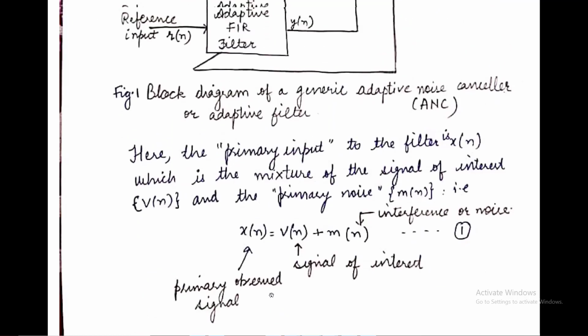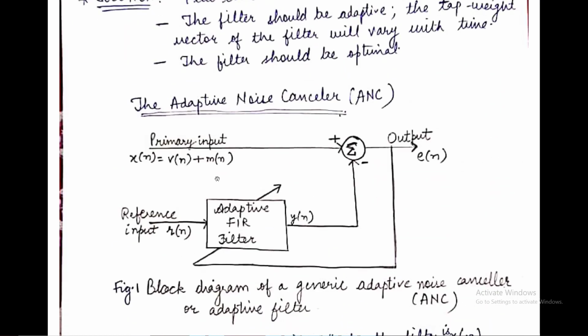We have the primary input and the reference input, and the reference input goes to this adaptive filter, which has varying tap weights, and its output is Yn, which should be closely related to the noise.